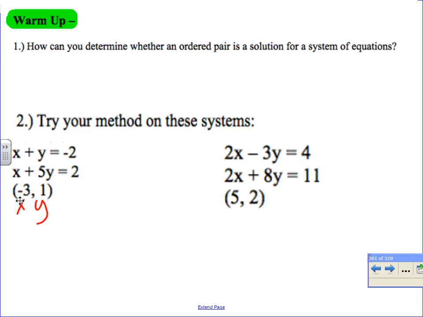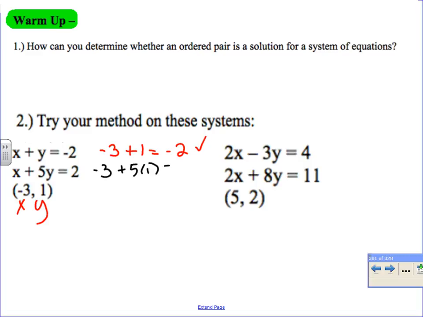So if we plug in -3 for x, let's do the first equation. We have -3 plus y, which is 1, which is equal to -2. Is -3 plus 1 -2? Yep. So let's put a check mark. That's true. That's a solution. So let's look at the second one. We have -3 for x, 1 for y, equals 2.